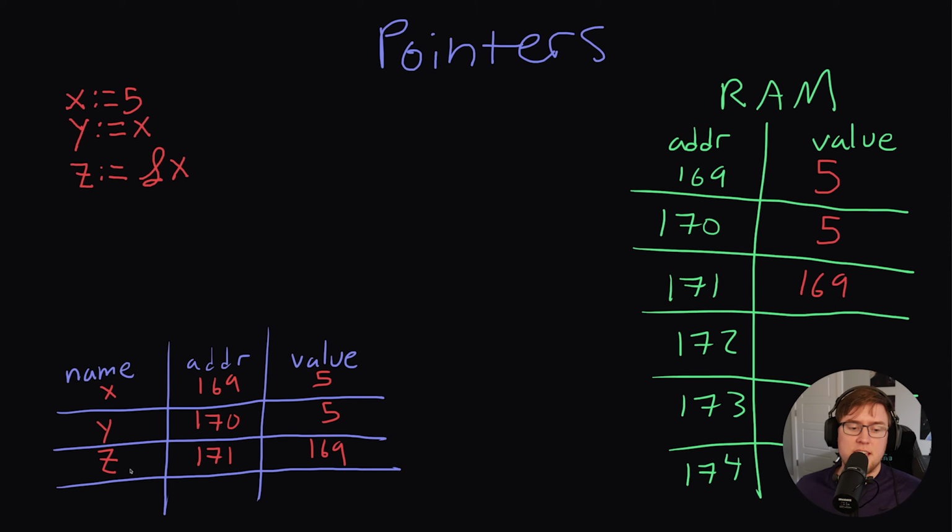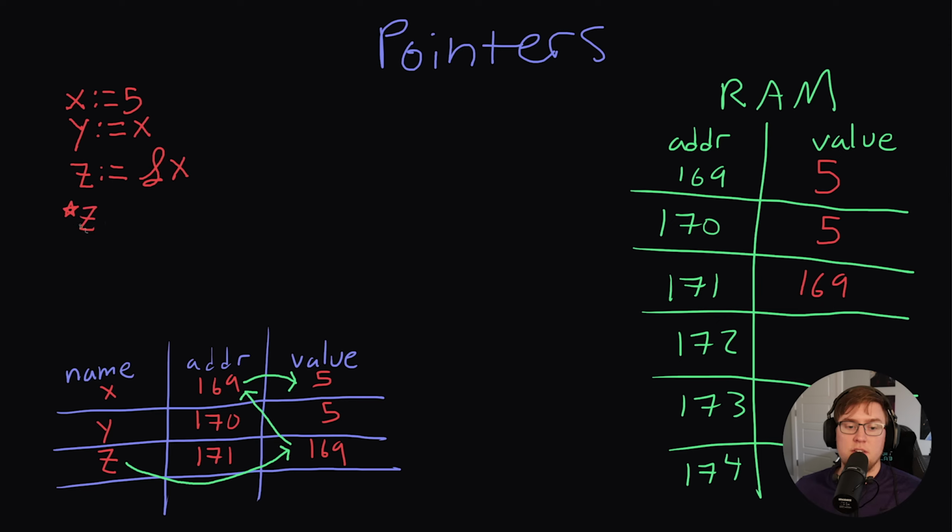So remember that z stores the value 169, which points to this address, which stores the value 5. So if we want to update the value of x without having access to the original variable x, what we can do is use the dereference operator, which is an asterisk. We can dereference z.